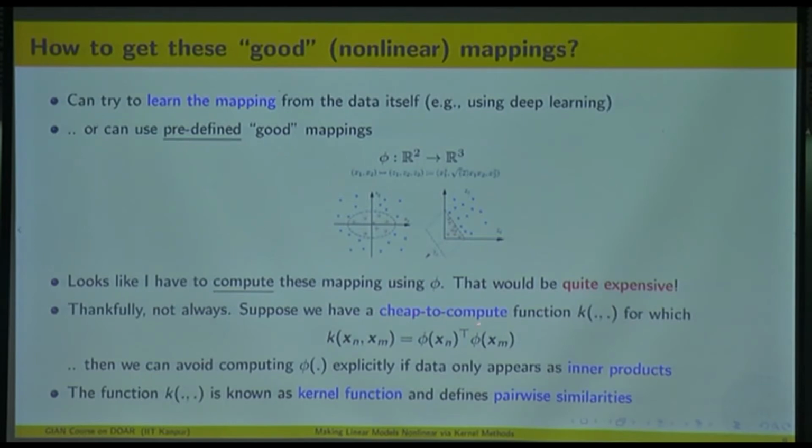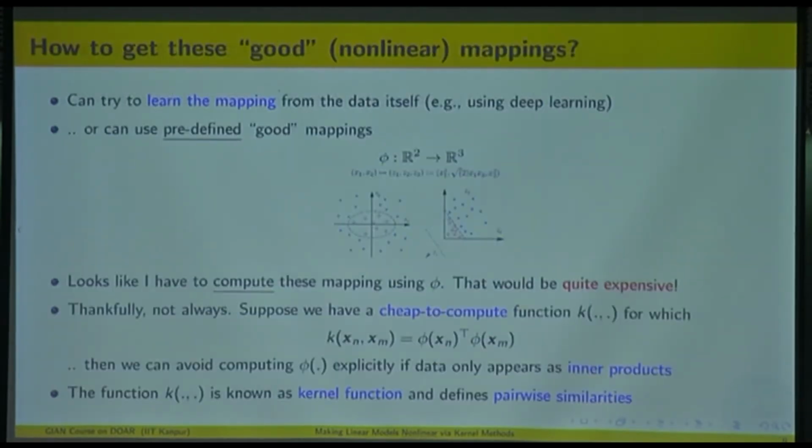This function k, which takes as input two data points, is known as a kernel function, and as you can see in this definition, it is some notion of similarity between the data points, because we know that dot products between points are notions of similarity. So a kernel function defines a similarity between data points, not in the original space, but in the new space where you have mapped the data to, the high dimensional space defined by phi.